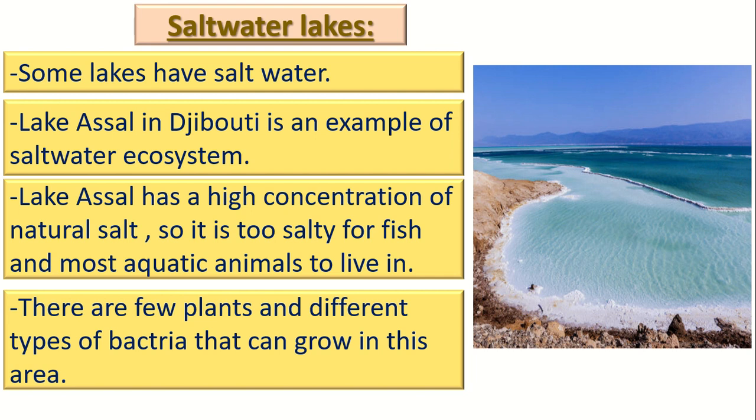That's why it's too salty for fish and most aquatic animals to live in. It has only a few types of plants, and different types of bacteria can grow in it.